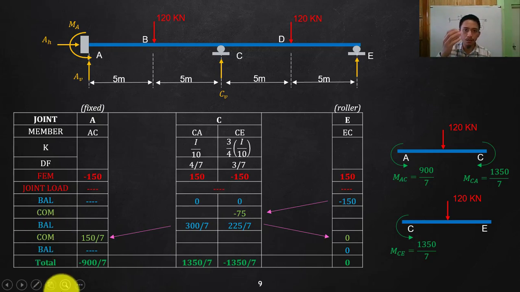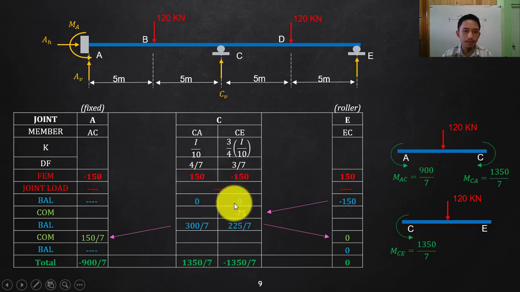That is the iteration we are talking about, up to the time that everything will be balanced. So repeat the process of carryover, balance, up to the time it will be totally balanced. Or at least, if that is not exactly 0, the unbalance will be at least 0.1 or 0.01.